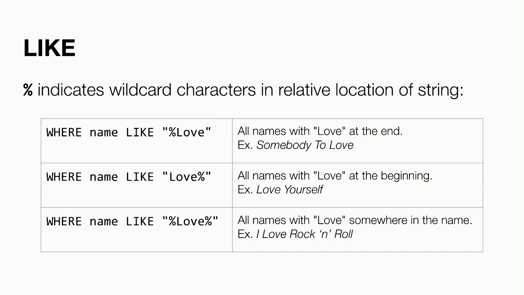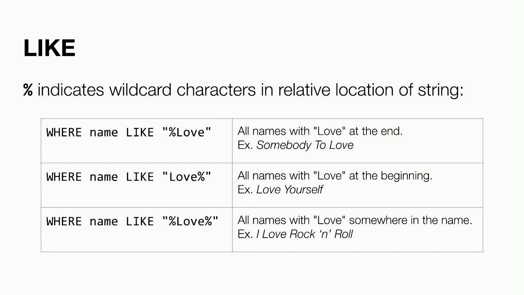This indicates wildcard characters in the relative location of the string. What that means is that it could match anything where that percent sign is. So this first row, where name LIKE percent love, means that there can be anything before love, but I want my string to end with the word love. This would match with a song called Somebody to Love, for example.